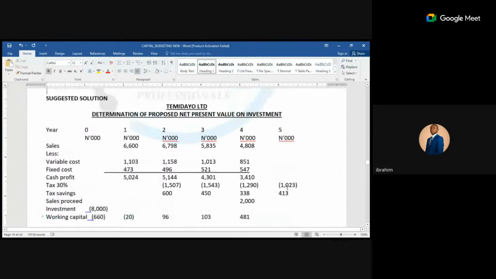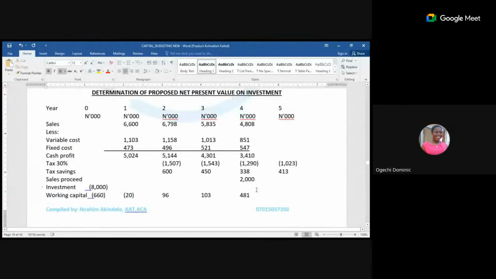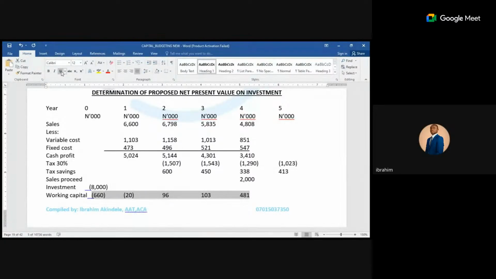Sorry, sir. In that working capital, are we now recouping it, sir? We've done that already. If you have 481 plus 103 plus 96, minus 20, what do you have? You have 660, positive.